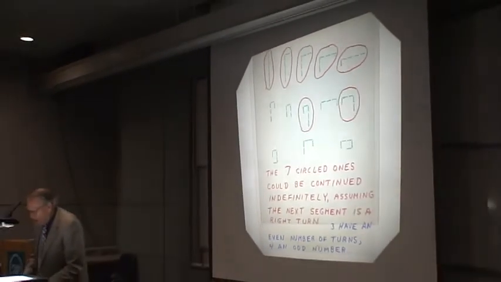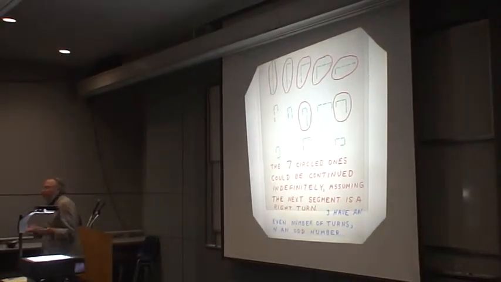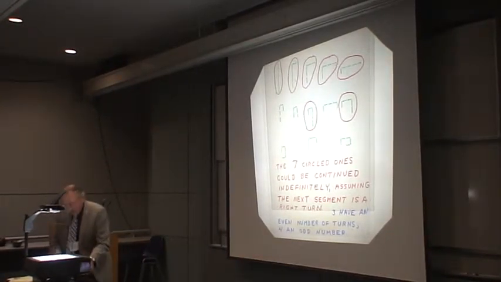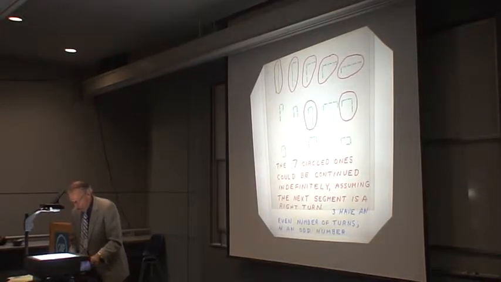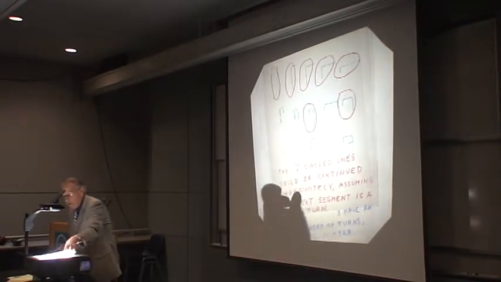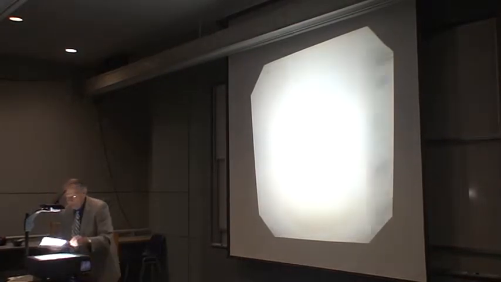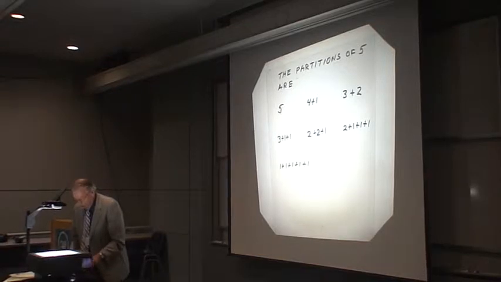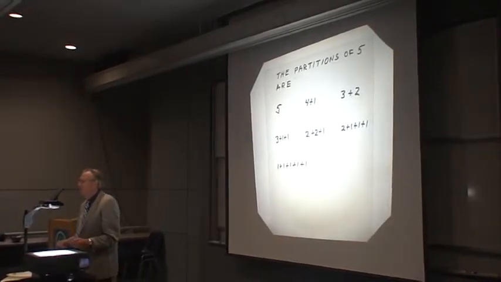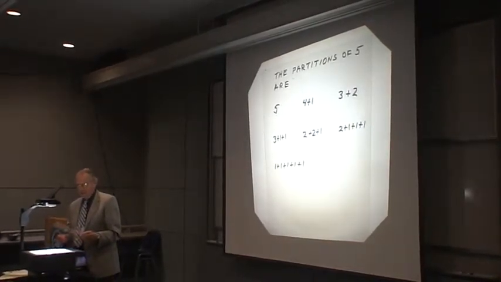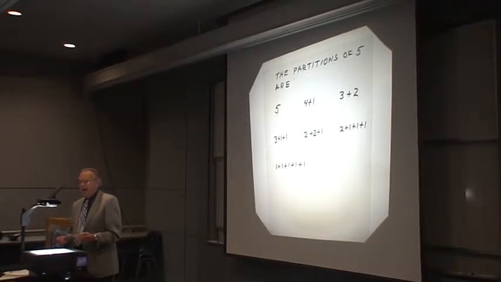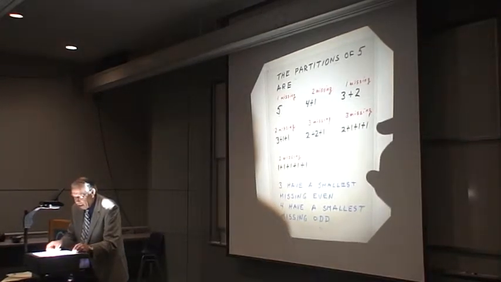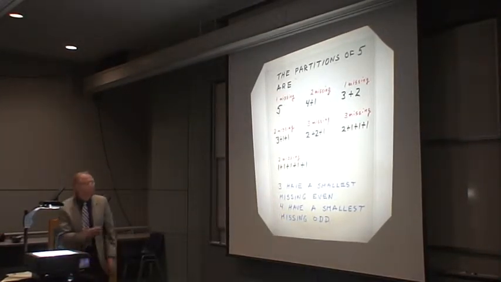Now we've just seen that these walks, these CSSAWs, are in one-to-one correspondence with partitions. And so let me now note what the partitions of 5 are. I learned a new term yesterday that had somehow escaped me, namely the MEX of a set is the minimal excluded element, and that's precisely what I'm going to look at here.